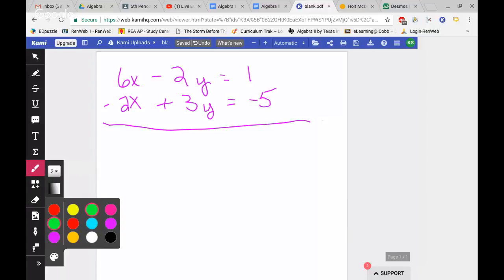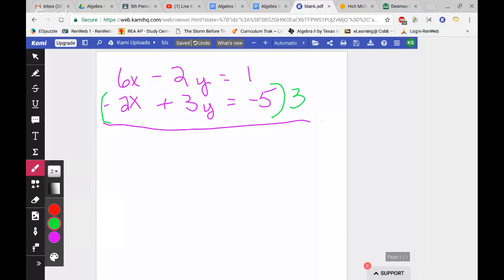I'm going to multiply this bottom one right here by 3. So 3 times -2x is -6x. And 3 times 3y is 9y. And 3 times -5 is -15.